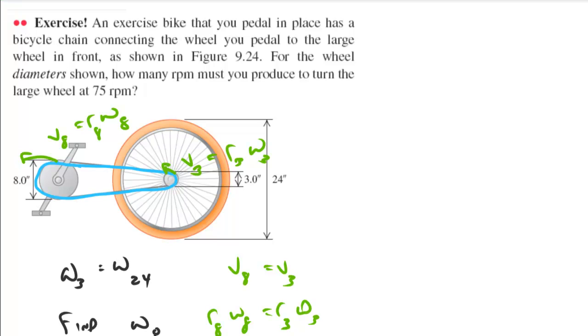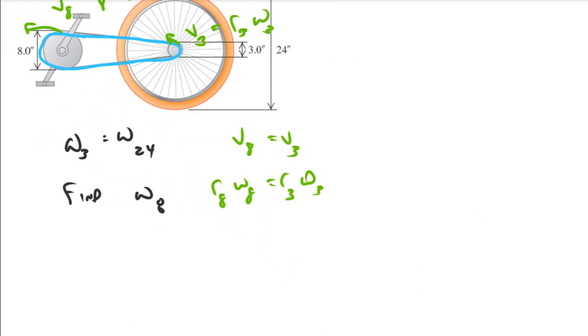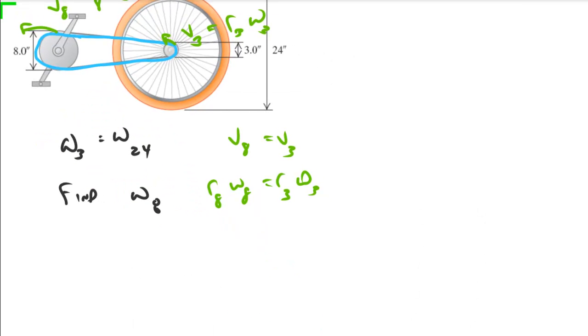And so I can get this relationship pretty easily for the angular speed of the 8-inch wheel. I can say then the angular speed of the 8-inch wheel, omega 8, is going to be the radius of the 3-inch divided by the radius of the 8-inch times the angular speed of the 3-inch, right?